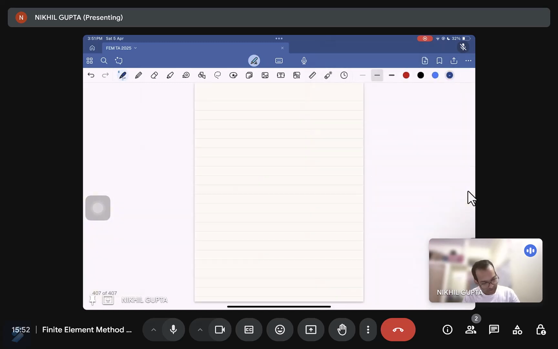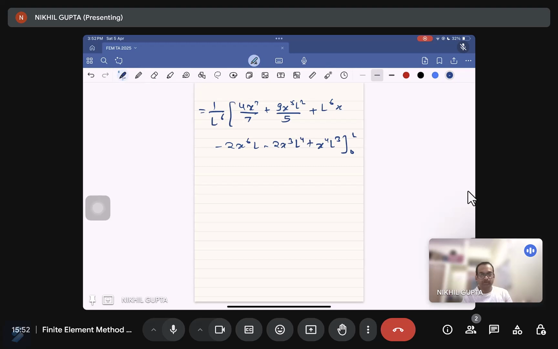So the solving of it will become 1 upon L power 6 times 4x power 7 by 7 plus 9x power 5 L square by 5 plus L power 6 x minus 2x power 6 L minus 2x cube L power 4 plus x4 L cube, from 0 to L. We are doing the integration and putting the limits now.